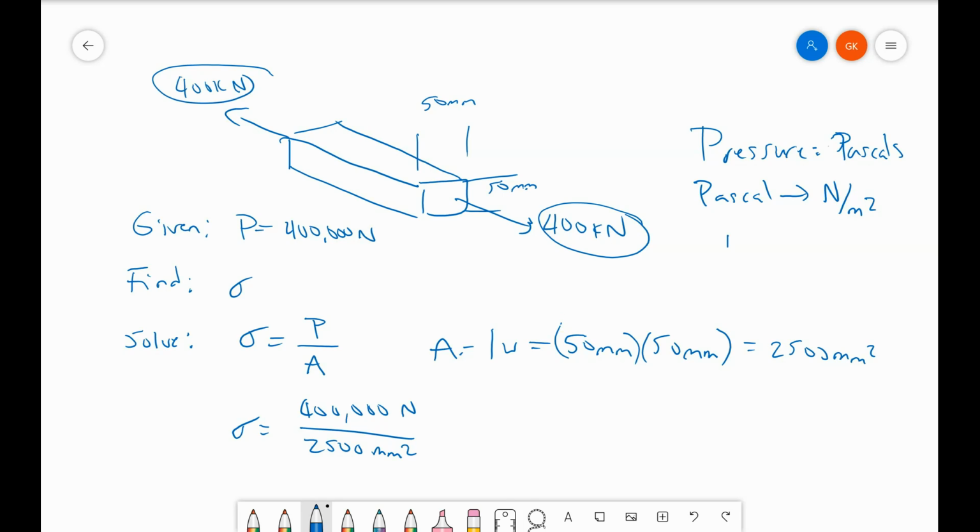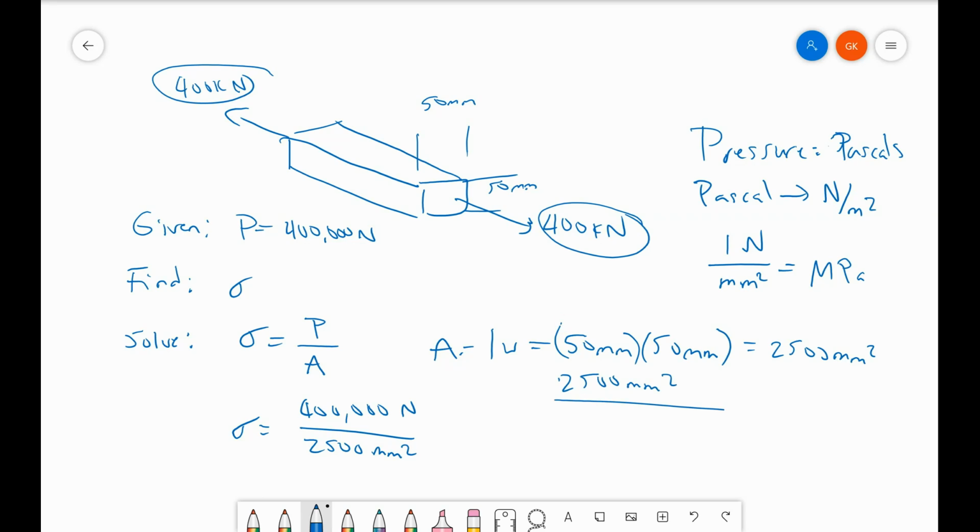This is a little shortcut here. I'll teach you that 1 Newton per millimeter squared is equal to a megapascal. How does that work? Well, the way that works is the following. Do I want to show this to you? I will do. Okay. So 2,500 millimeters squared.